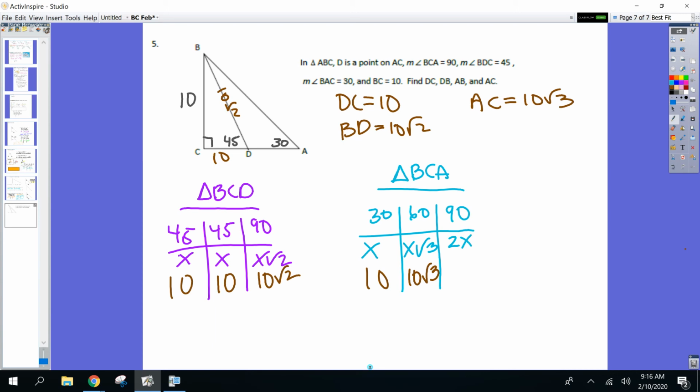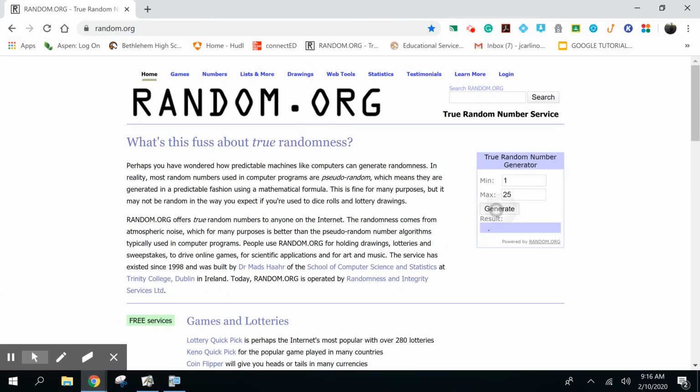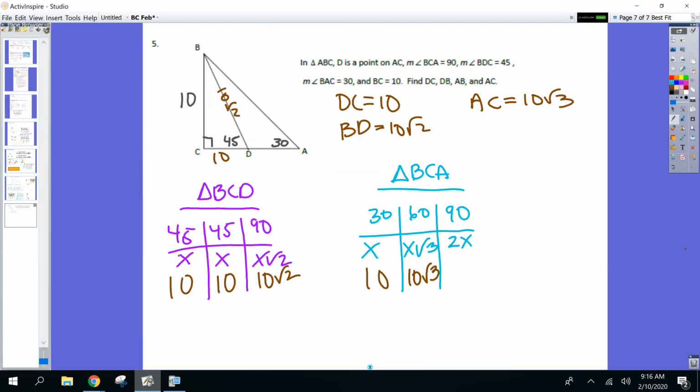Can somebody fill in the remaining one across from 90 now? What's across from the 90? 20. How'd you get it? 2 times 10. And name that side in my diagram. BA. Nice job. There you go. I got all of them.